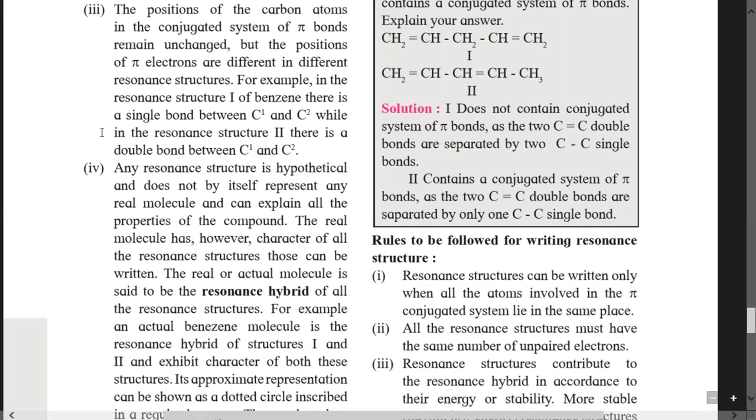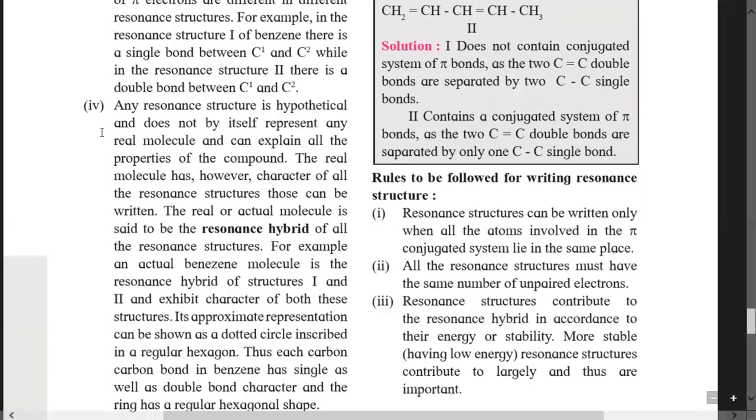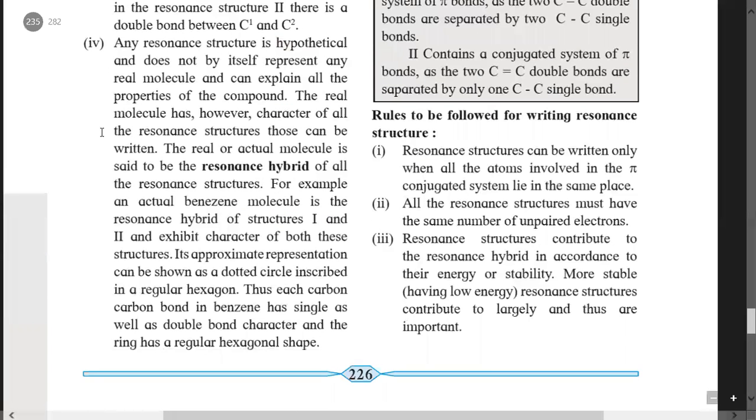Again, remember that while explaining the properties of a particular compound, the properties of all resonance forms are considered, and all these properties are present in the real or actual molecule. This is called a resonance hybrid. So the resonance hybrid consists of all properties of that molecule.